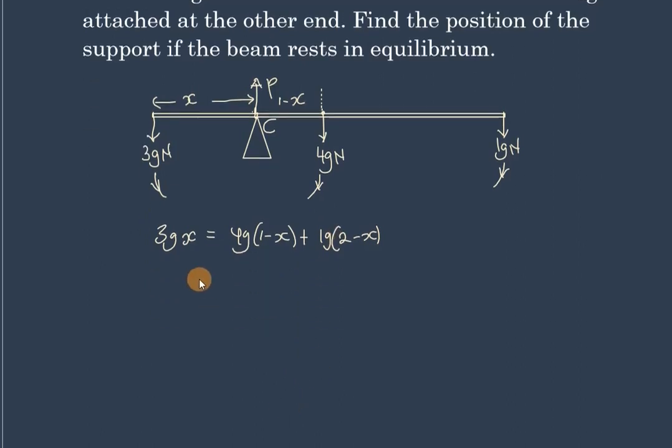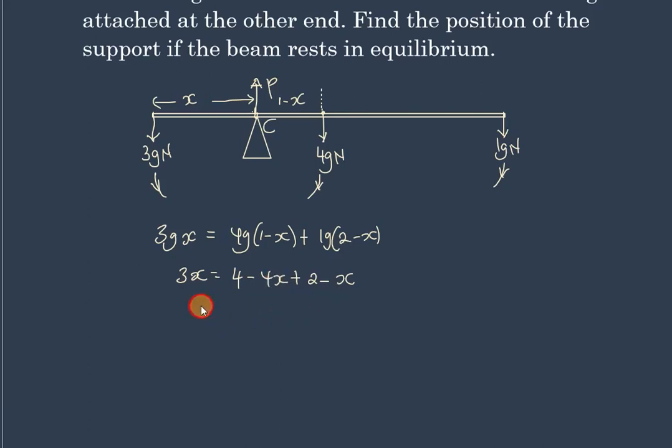I work out this one, g will cancel everywhere, and I have 3x equal to 4 minus 4x plus 2 minus x. When I add up all the x's, I get 5x on one side, 8 on the other side.